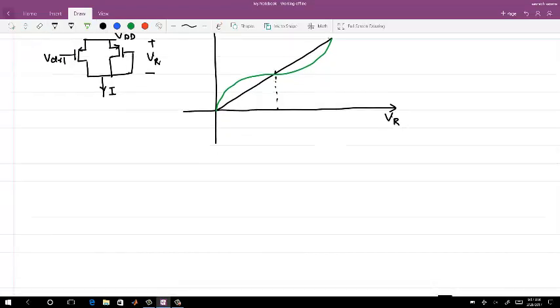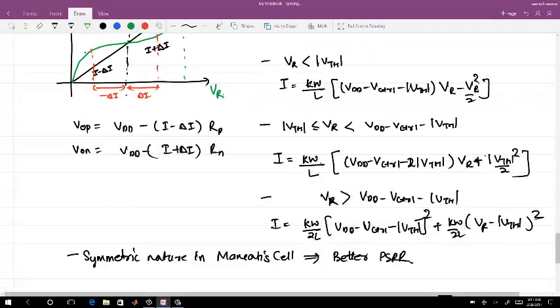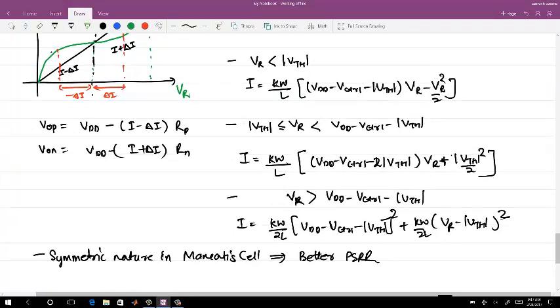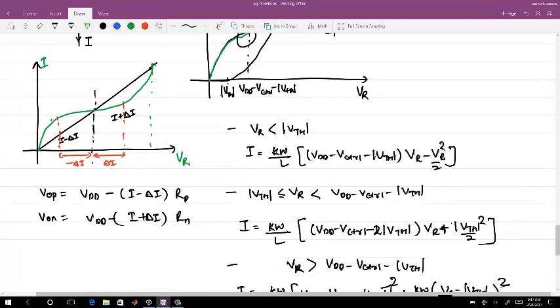Yesterday, since I wrote these already, I will not try to write them again. So you see the first part, the equation which I wrote here, this is a downward parabola, so it is not a linear region.